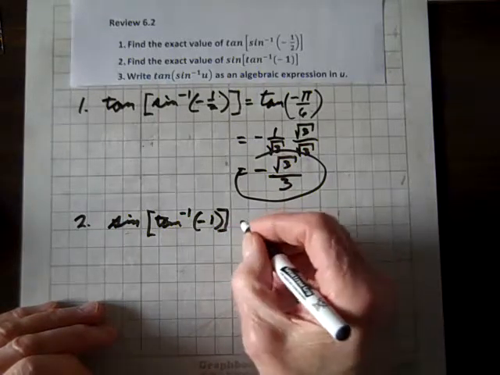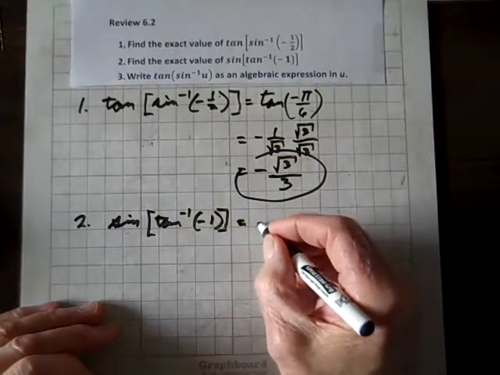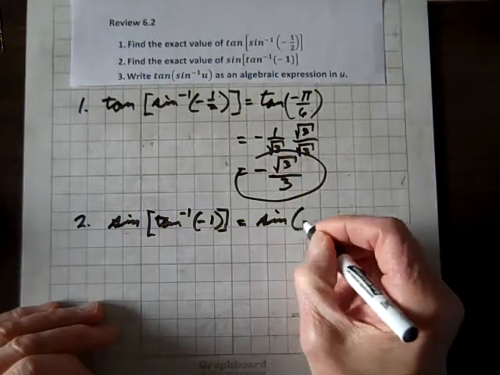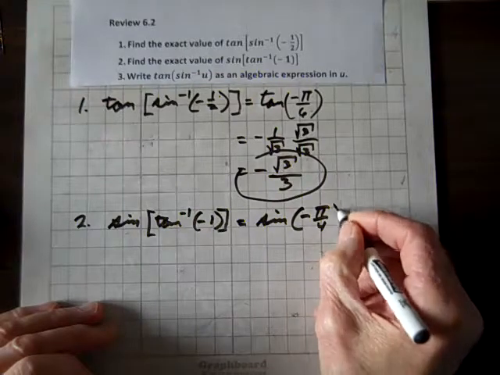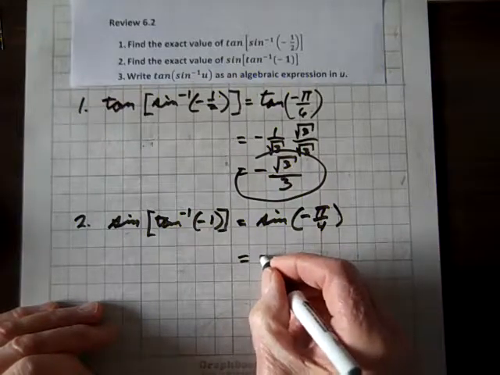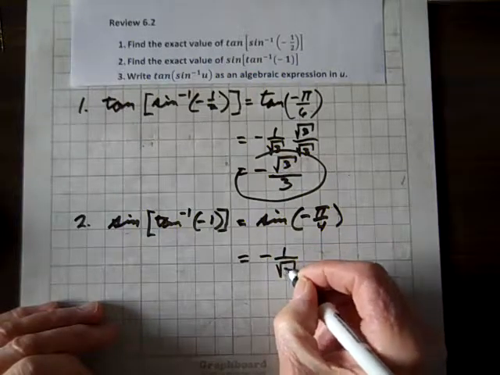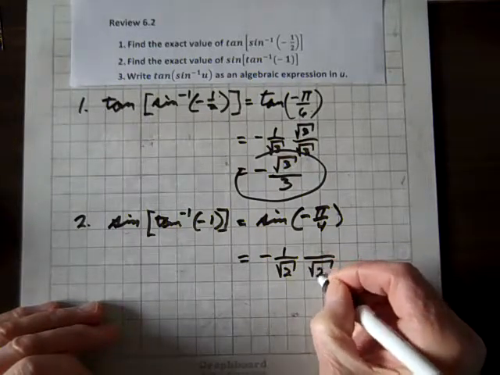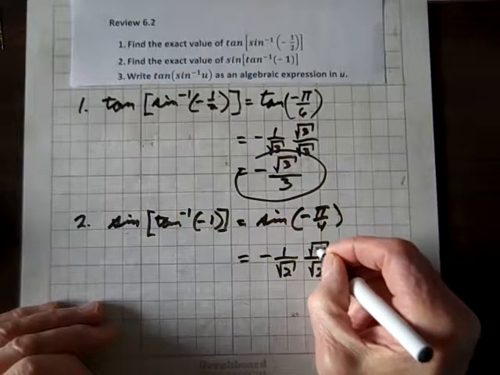Since it's negative, we're going to be in the fourth quadrant, so the angle is going to be negative pi over 4. And so this equals negative 1 over root 2, and we'll rationalize that denominator by multiplying by 1 in the form of root 2 over root 2.